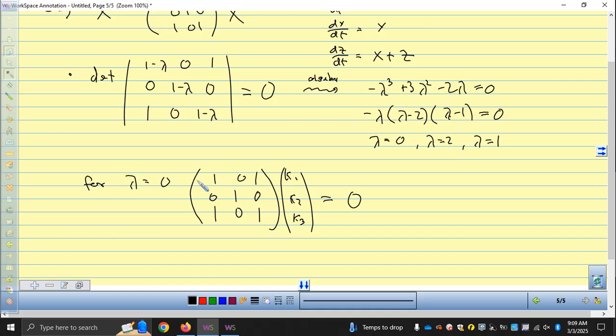Usually I would go straight from here, but I'm going to write this out. The first row gives us k1 plus 0 k2 plus k3 equals 0. The second row gives 0 k1 plus 1 k2 plus 0 k3 equals 0. The third row gives 1 k1 plus 0 k2 plus k3 equals 0. That's the same as the first equation.